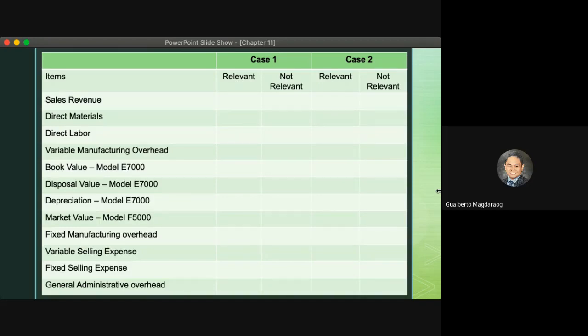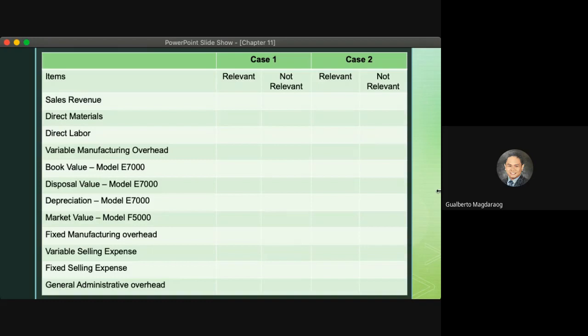At dahil meron pa, we need additional machine, kaya bibili ng F5000 model. So, upon purchase, hindi siya i-replace, additional siya. So, whatever additional production it will produce, magkakaroon daw yan ng impact sa fixed selling expense na mag-i-increase at yung fixed general administrative expense, but not in the general fixed manufacturing overhead.